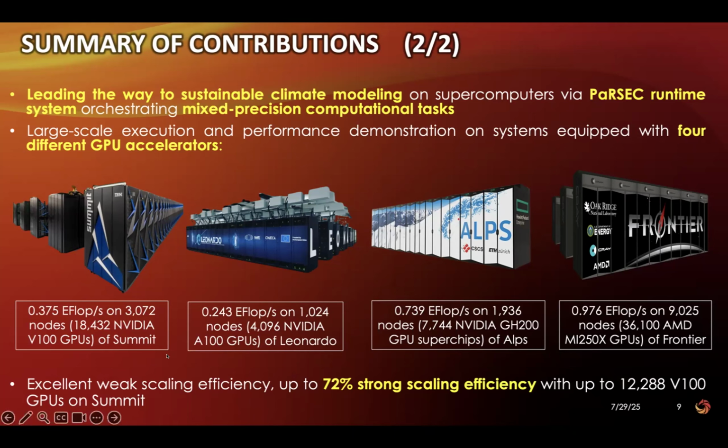You can see here the flops that we obtained from those systems to train our emulator. We used four different types of GPUs: NVIDIA V100, NVIDIA A100, the Grace Hopper Superchip, and the MI250X AMD GPU.